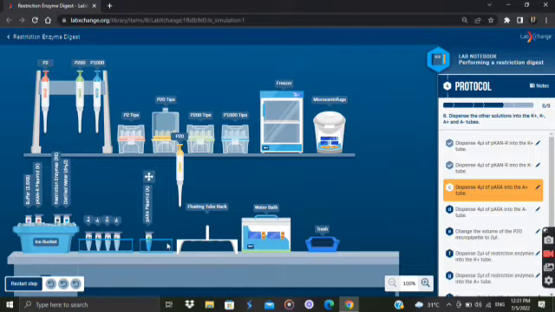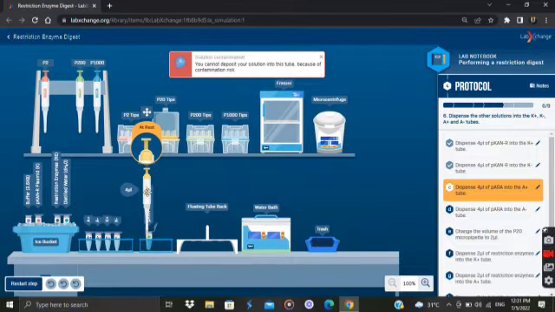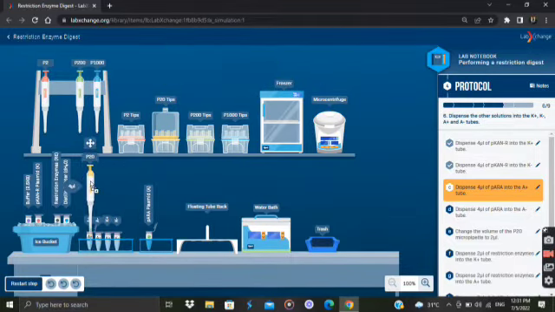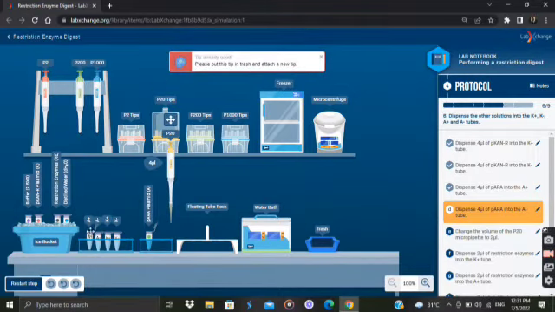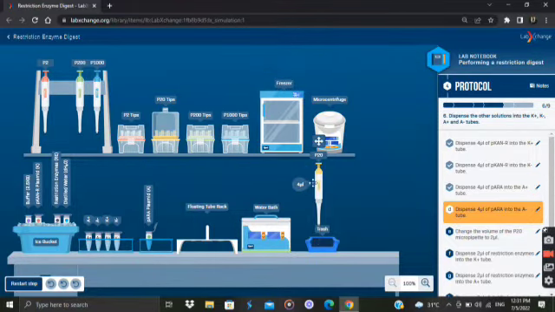Pick this buffer and put it in the empty rack. Attach a new tip to the micropipette and dispense 4 microliters of the buffer into the A positive tube. We are going to close this tube and then eject the tip into the trash.